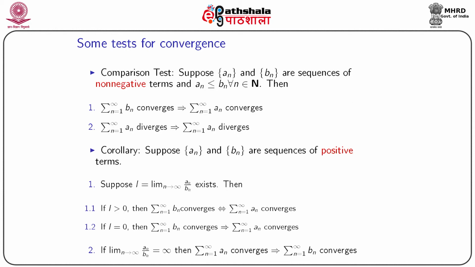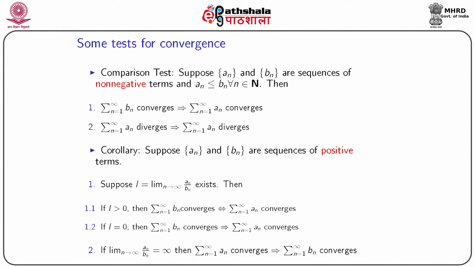Now, whether a series is convergent or not, we will go for some tests. I will describe the tests that are available to judge whether a series is convergent or divergent. The first test we will be talking about is called the comparison test. Suppose a_n and b_n are sequences of non-negative terms.